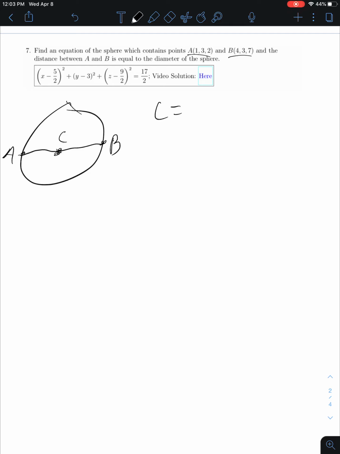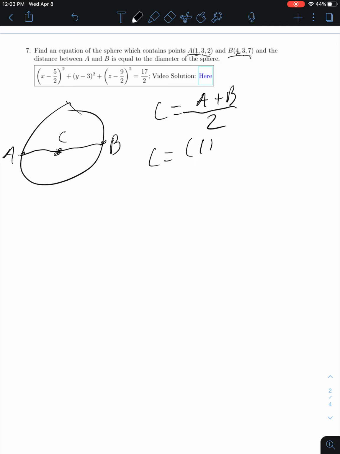So just like we did in previous problems, C is going to be equal to A plus B divided by 2. So we're going to get the center point is going to be halfway between our x components, our y components, and our z components.